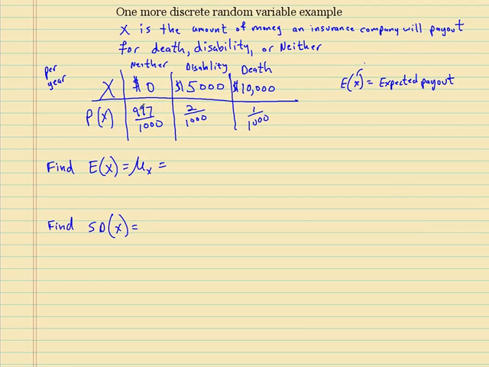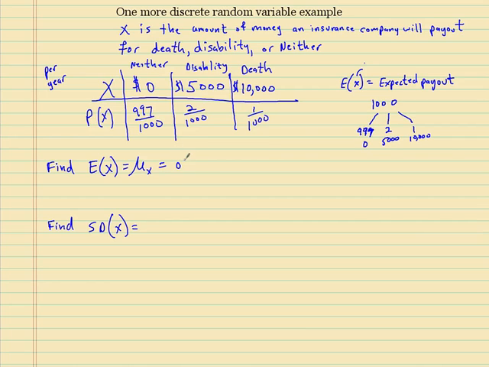If you split this up, out of these 1,000 people, 997 are going to get zero. Two of them will get $5,000, and one of them will get $10,000. So you know the formula.